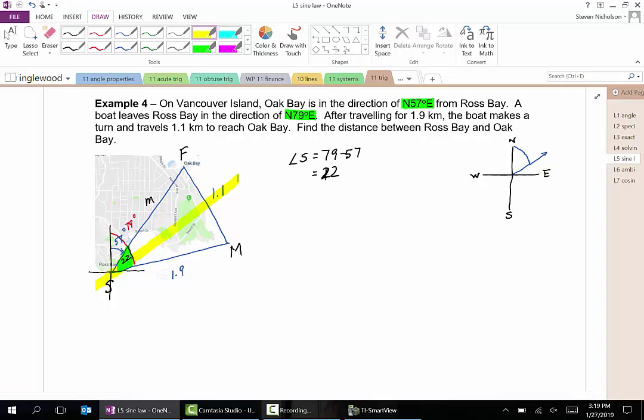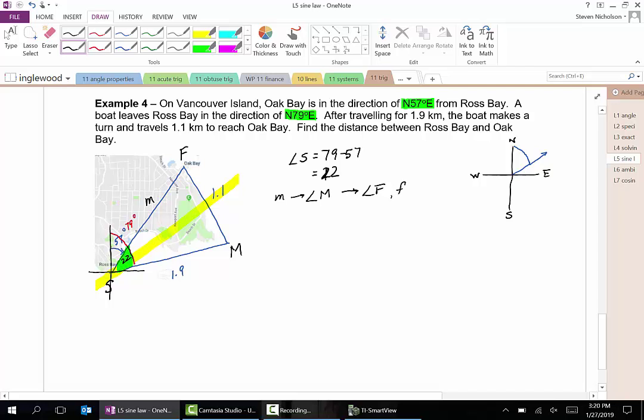Now, what I want to find out is little m. So again, here's the idea. I want to find little m, but before I can find little m, I need its matching angle. So I have to find big M. And I can't find big M as it is, but what I can do is I can find angle F because I know little f.